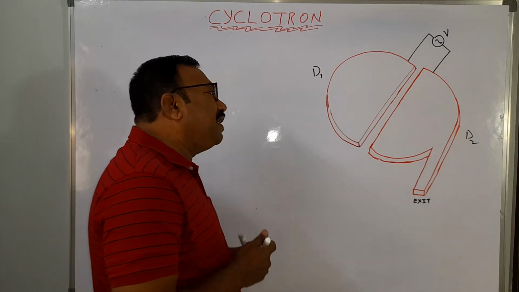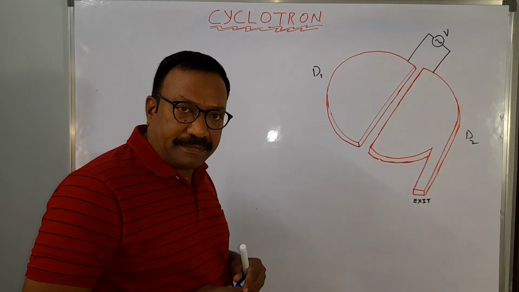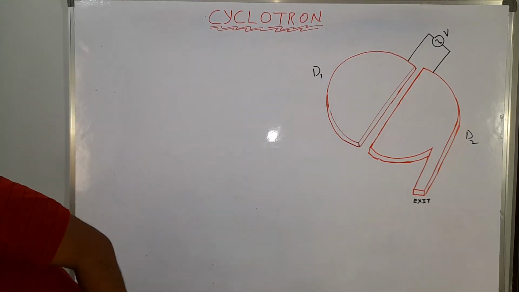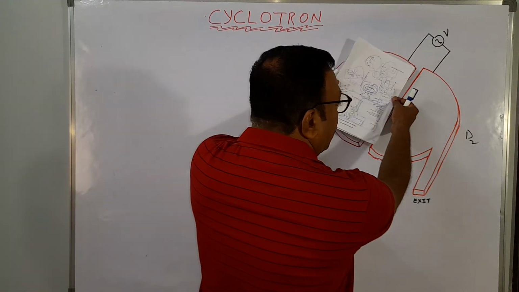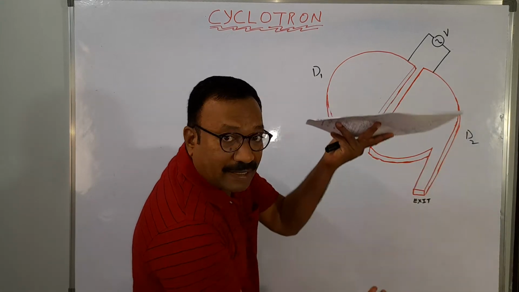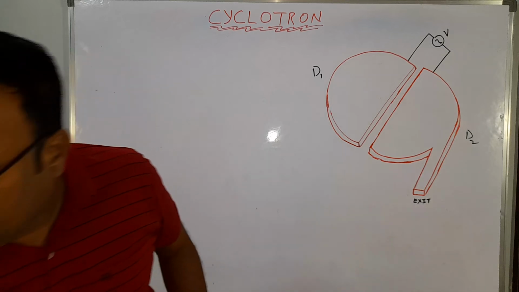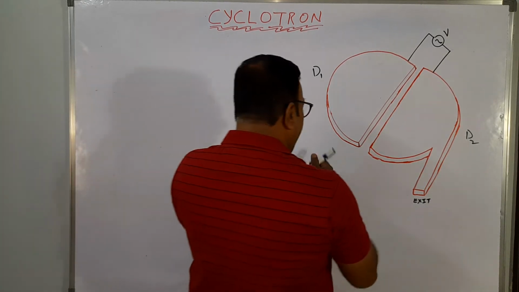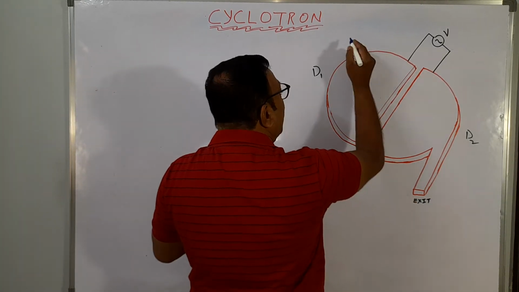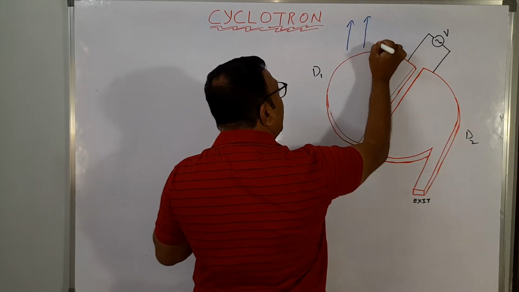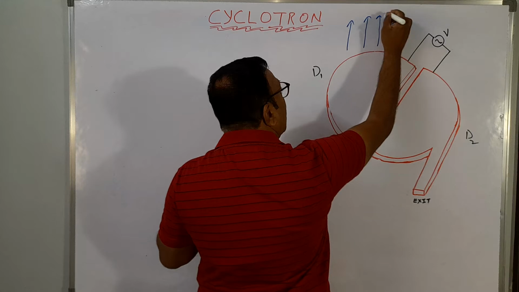The magnetic field that is applied here will be perpendicular to the D. Suppose this is a plane, right? So the magnetic field will be applied like this, outward. I would say there is a magnetic field in the upward direction, B bar.